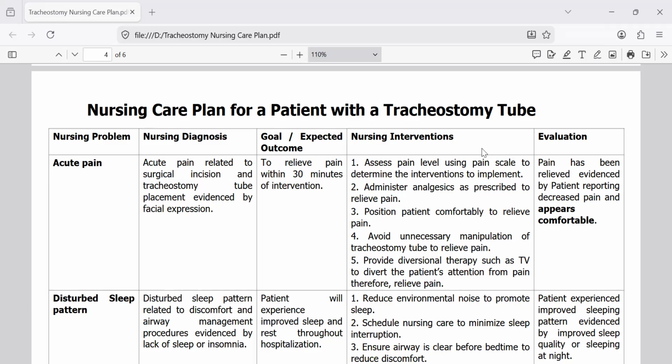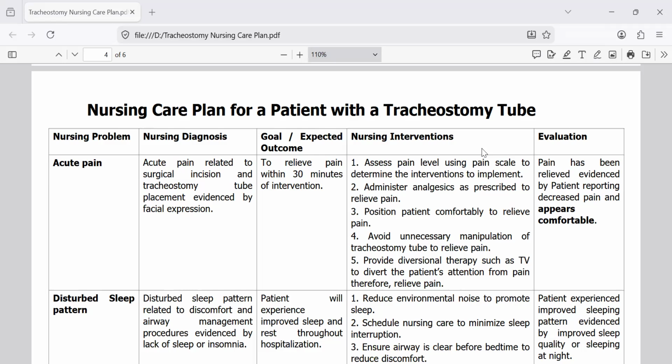Number 5, I will provide diversional therapy such as television to divert the patient's attention from pain, therefore relieve pain. Okay, that is straightforward. Evaluation: pain has been relieved, evidenced by patient reporting decreased pain.